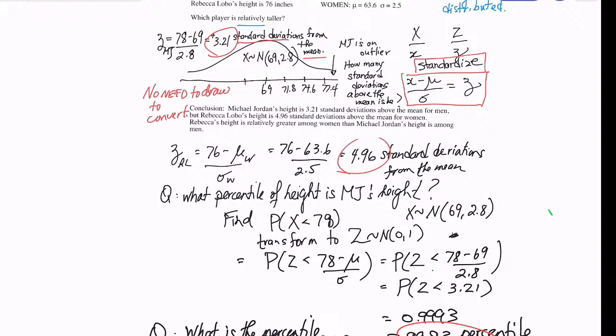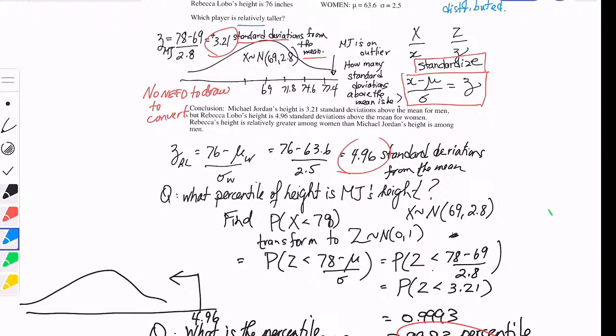She's off the charts. 4.96 is over here. And what did we say? The entire density is to the left of 4.96, or 100%.